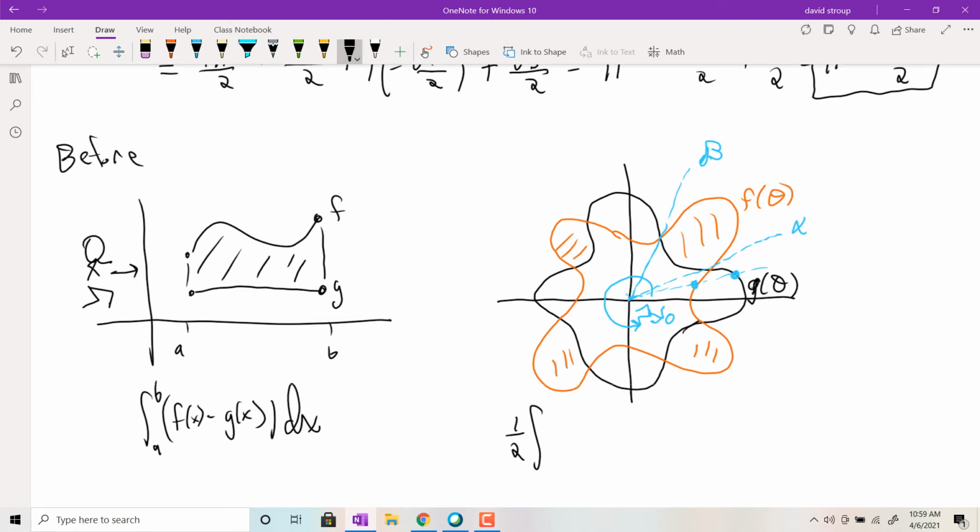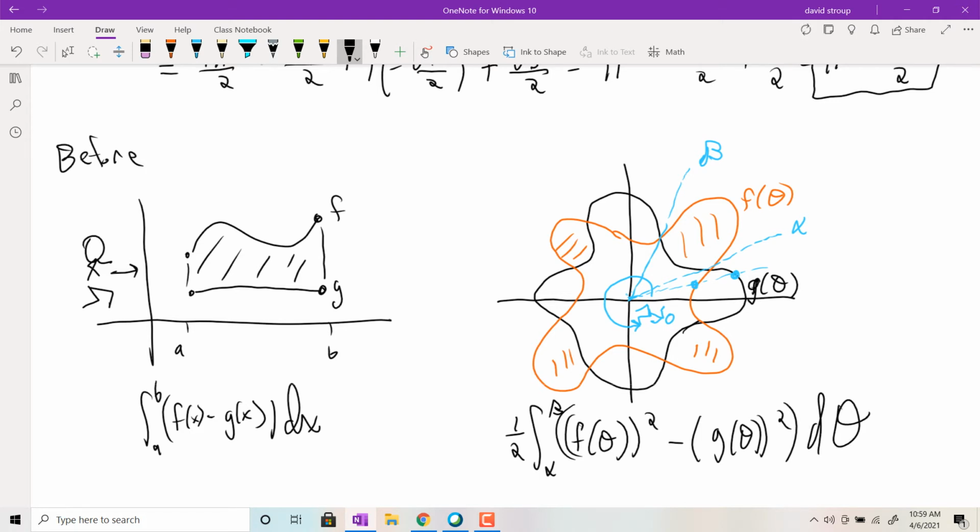So we'll go from alpha to beta, and the top curve, like I said, was f of theta, so you have f of theta squared, minus the bottom curve, which is g of theta, so you go g of theta squared. It works. That's the idea. It's the same idea, it's just the Riemann Man is running in a circle collecting these areas. So for the top curve and the bottom curve, you have to think with respect to this circular rotation motion.